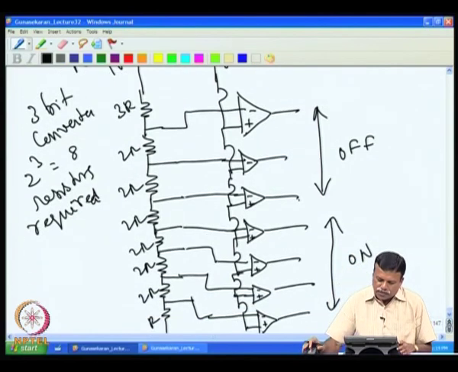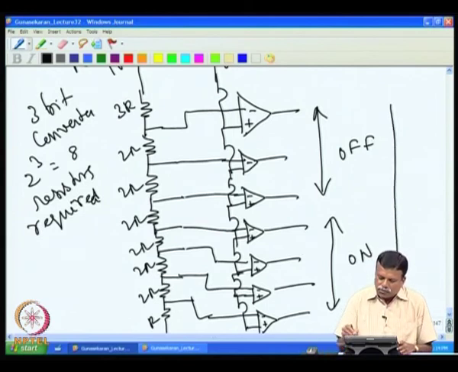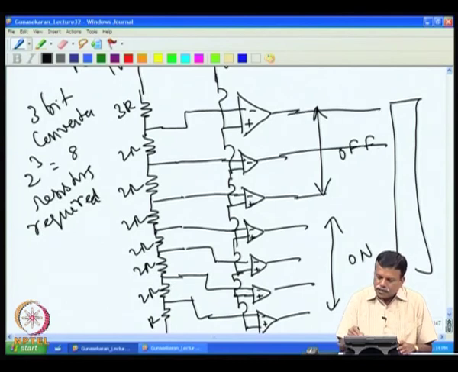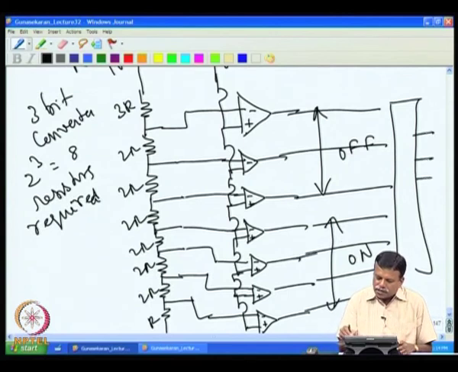Depending upon the input voltage, the outputs of these comparators go high, and these outputs must be combined in a big logic circuit, such that you get the required 3-bit converter output. So, these 8 to 3 outputs are converted to get a corresponding digital value.